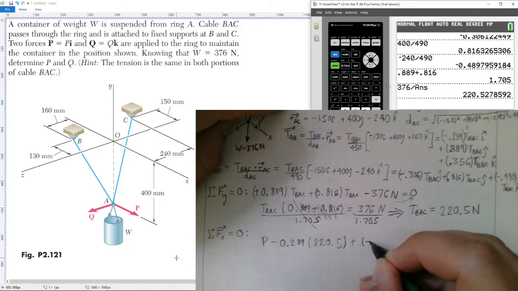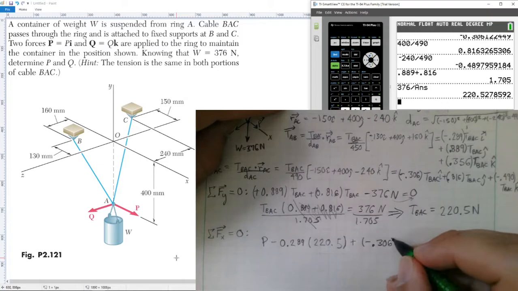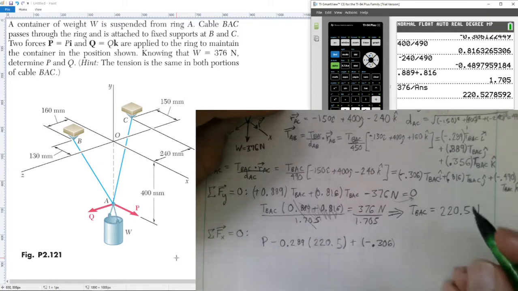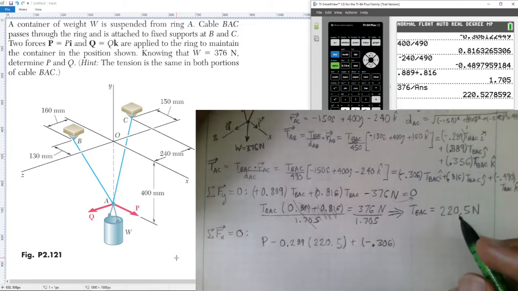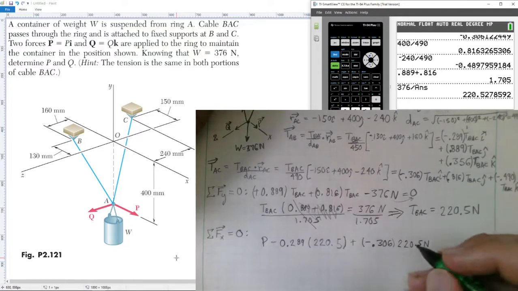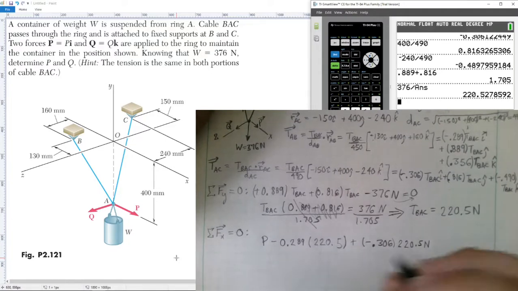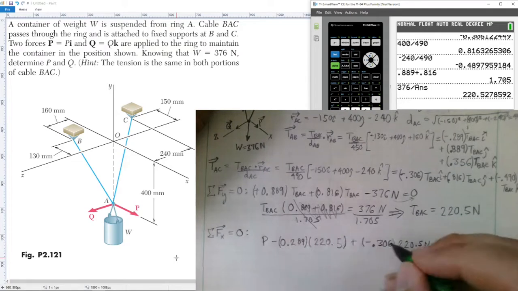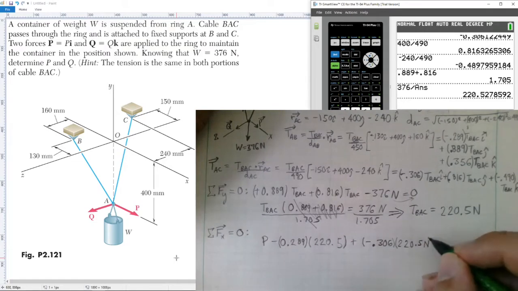So we're going to write negative 0.306 times the tension BAC. It's the same in both cables attached to the ring. It's the same for both, 220.5 newtons. So we're just going to multiply these together first. Then we'll combine like terms. This will be equal to 0.